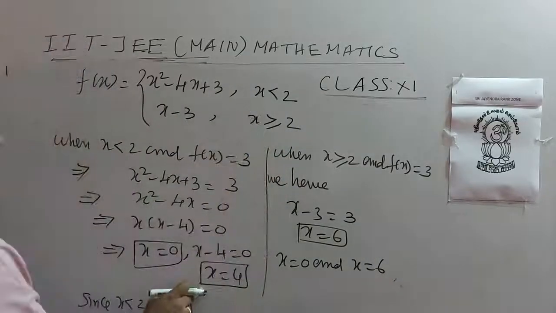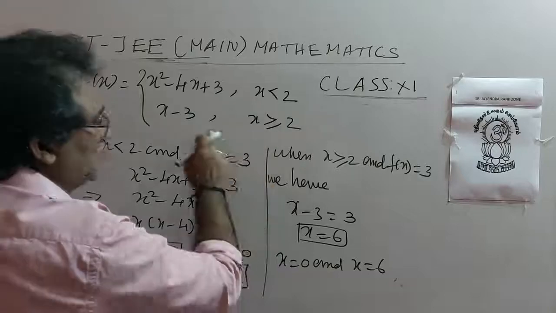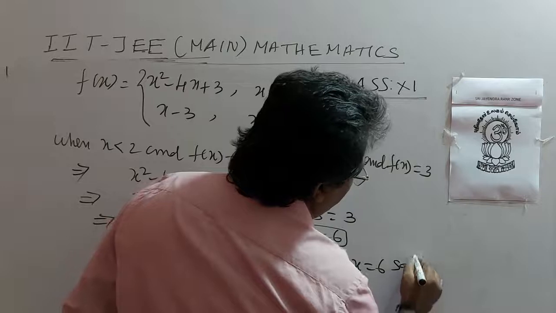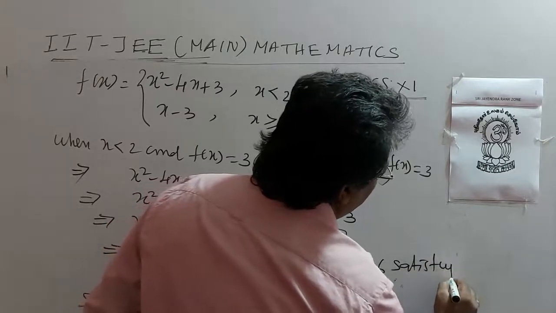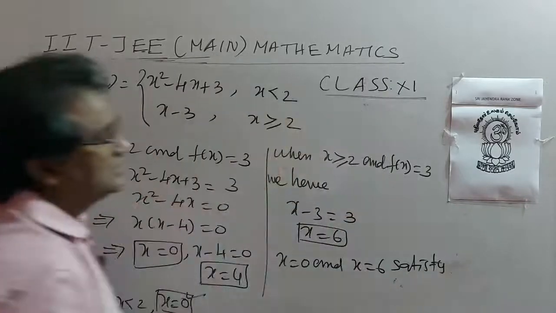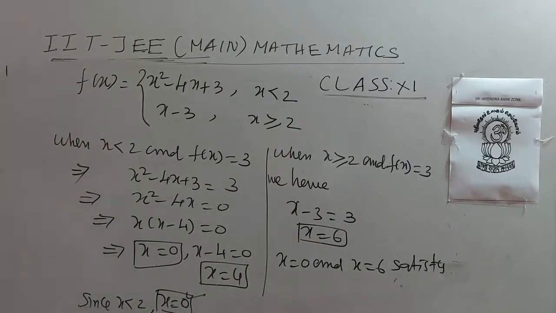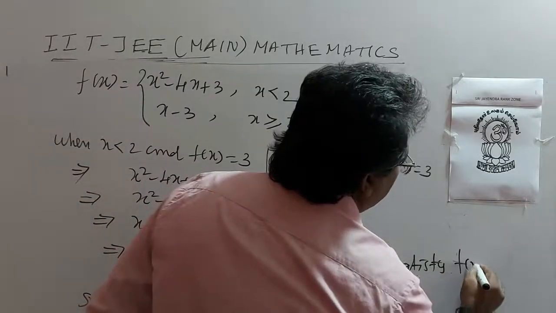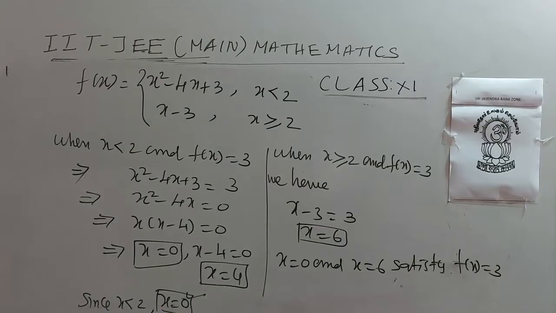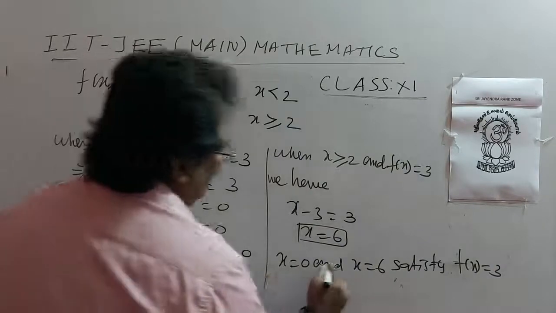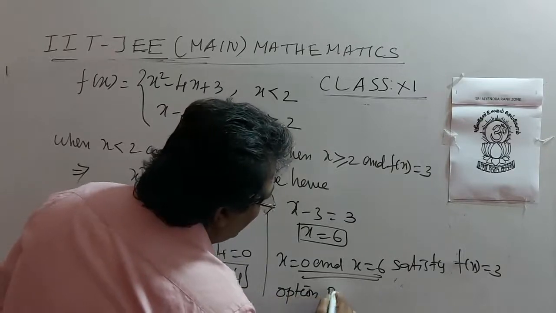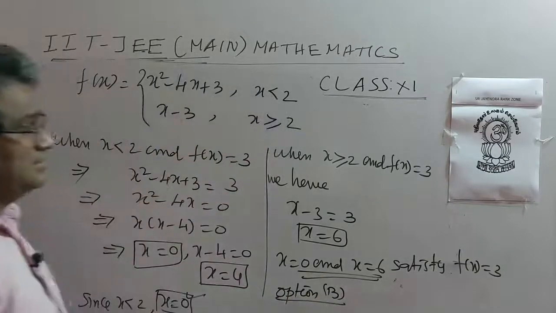Here we should not take 4, but in this case x is greater than or equal to 2, so that we can take 6. Satisfied? f of x equal to 3. So there are two values. Option B is correct.